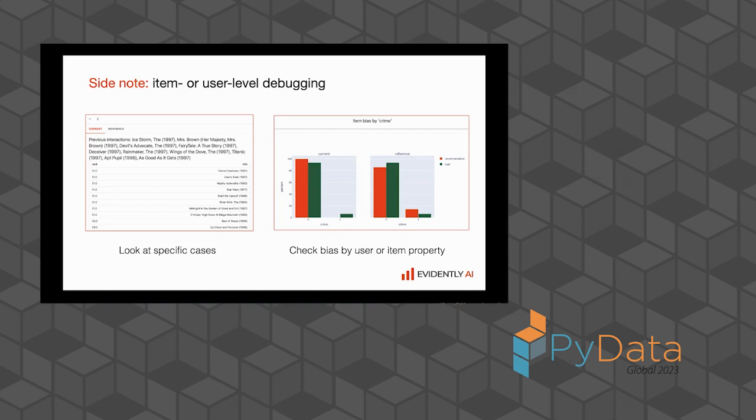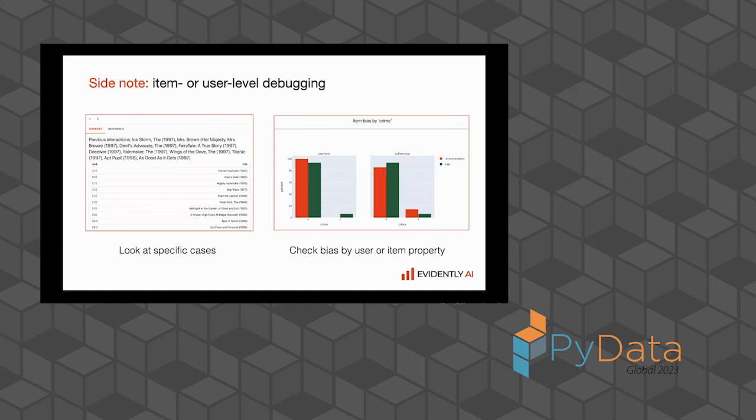And pretty similar things you can do with the properties of the items or users. For instance, like in the pictures you can see from the right part of your screens, right? In this case, we have an item property, which is called crime. So basically, this is the genre equal to crime, and we have the data from the reference and the current batch.